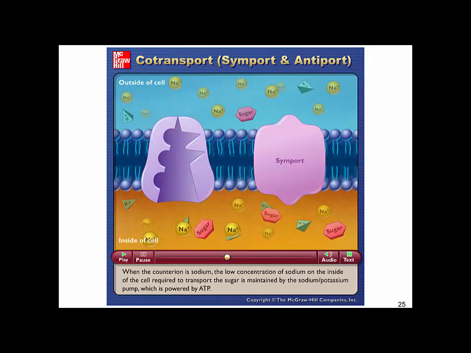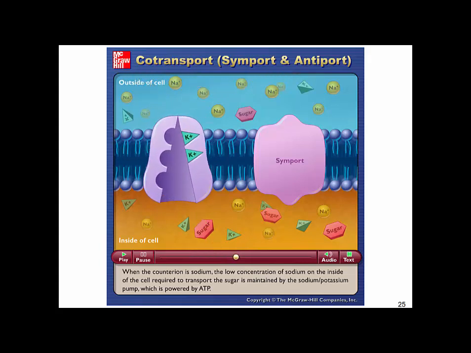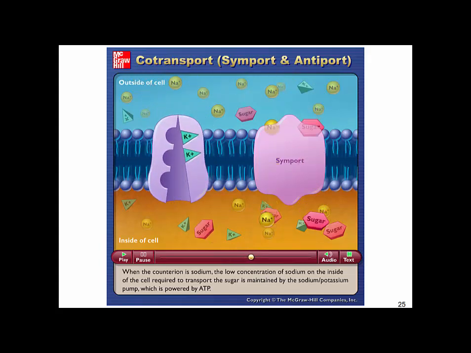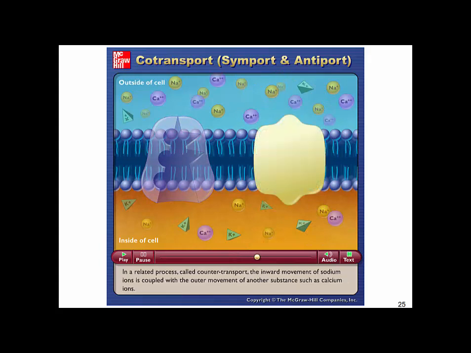When the counterion is sodium, the low concentration of sodium on the inside of the cell required to transport the sugar is maintained by the sodium-potassium pump, which is powered by ATP. In a related process called countertransport, the inward movement of sodium ions is coupled with the outward movement of another substance such as calcium ions.